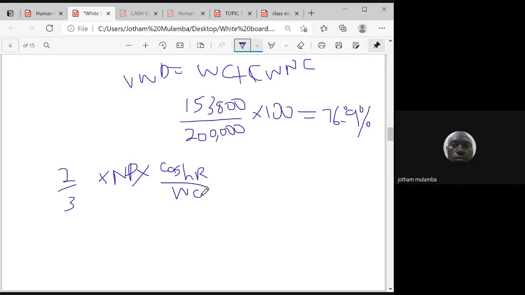So within this formula, I also said that 2/3 is a constant. It doesn't change as long as it's a constant, so we don't have to substitute anything. Notional profit. Did I train you how to get notional profit? I gave you a formula for notional profit. Confirm for those who are there.